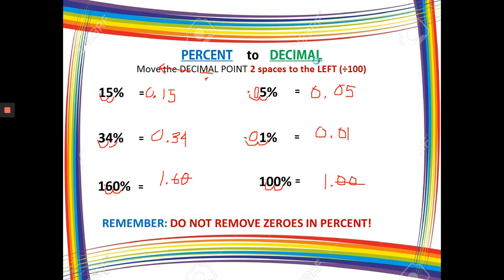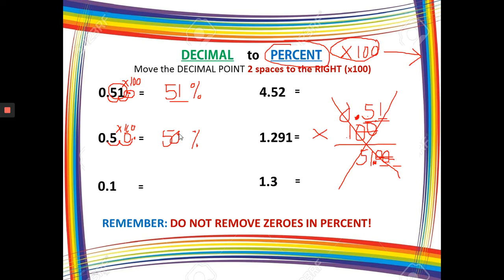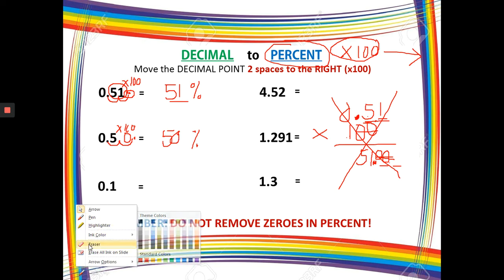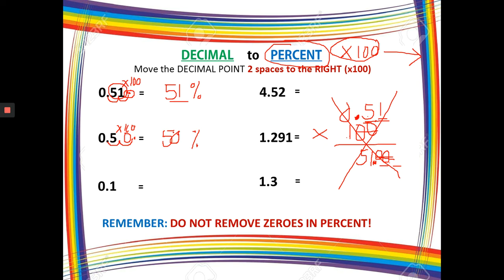But in percentages, you cannot remove the zeros. Remember that, because in percentage, if you remove the 0 here, that will be 5%. And 5% is so much different from 50%.